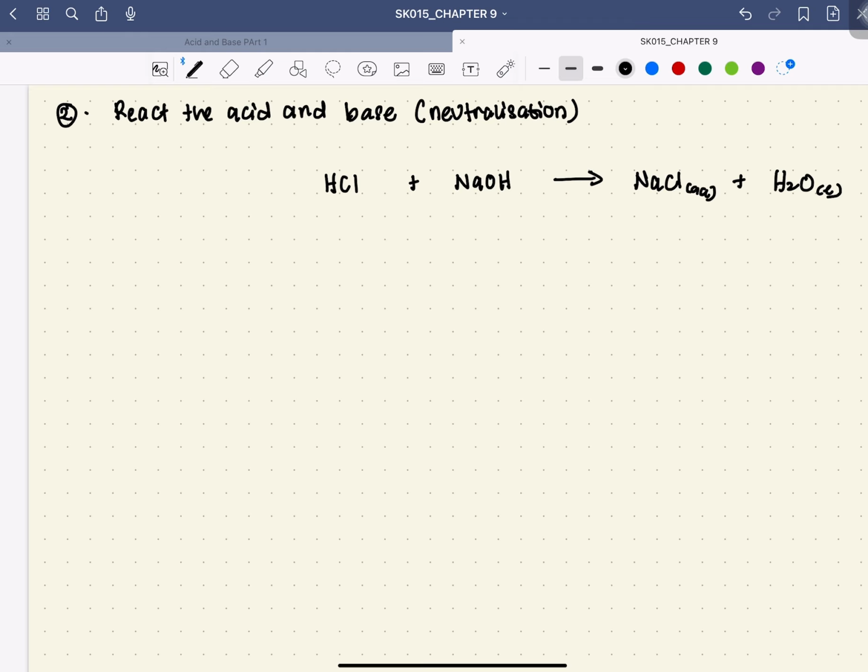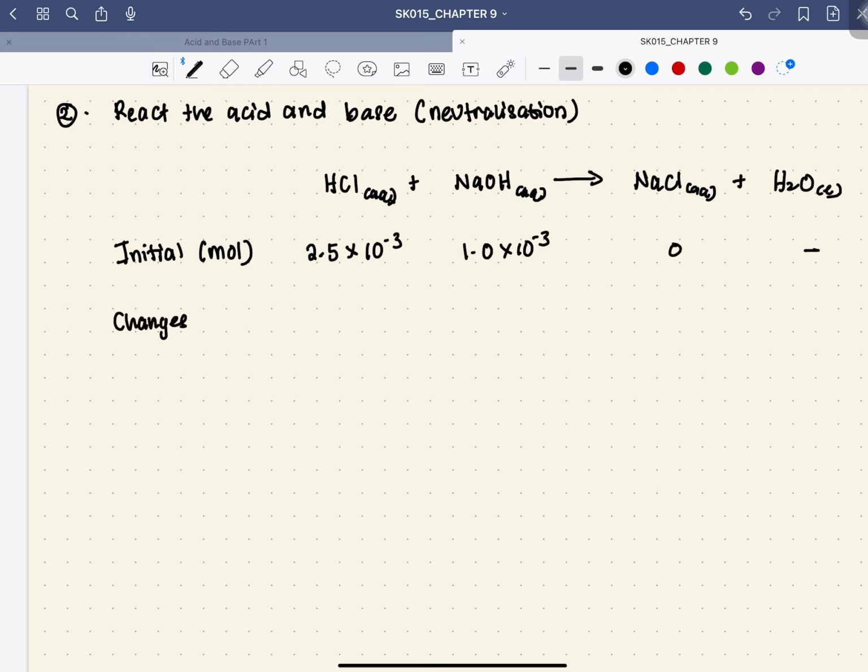This is aqueous, and this is aqueous. Initial value, in moles, because when it comes to neutralization, never ever use concentration. Just your mole. So here we have 2.5 exponent -3, but here we have 1 exponent -3. This is 0, this is none.